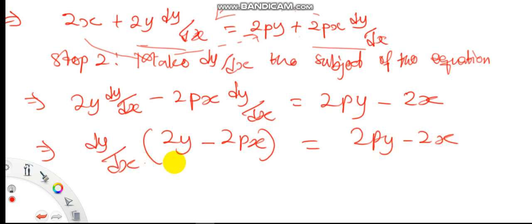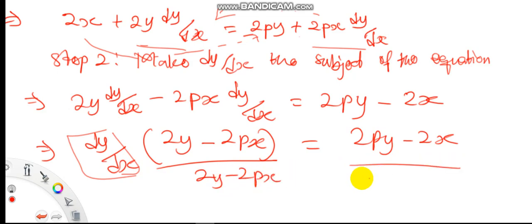Now, what we were finding is dy/dx, so we can divide both sides by 2y minus 2px. So this will cancel out.